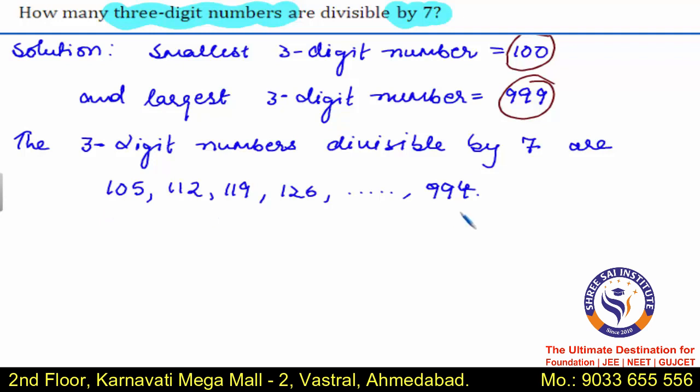Now, this list of numbers is clearly an AP since the difference between any term and its succeeding term is 7.